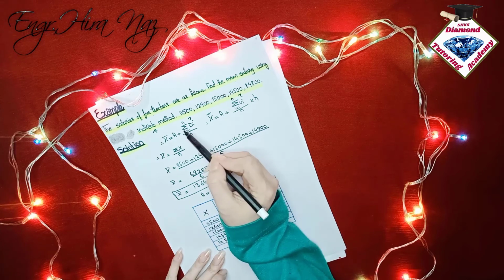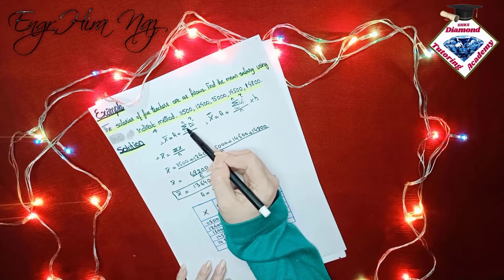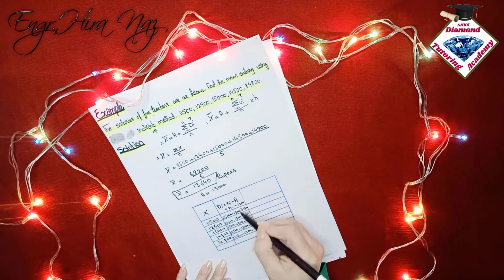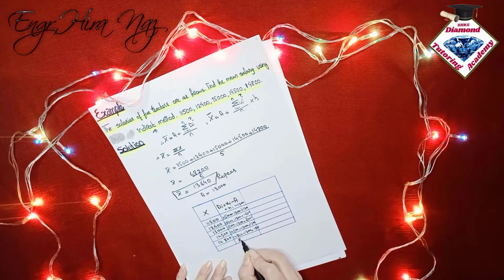You can see here we need its sum, deviation sum. So we have to add them all and we will get here as a sum 3200.